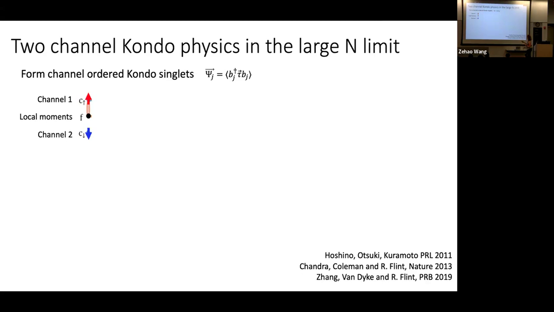So here's my cartoon. My local moments are represented by a dot. I have my 2 channels that are up and down, and this oval represents a singlet formed between the f electron and the up conduction electrons. This is generally an SU(2) spinor. It's just easier to look at the Z component, which is what we're doing here.